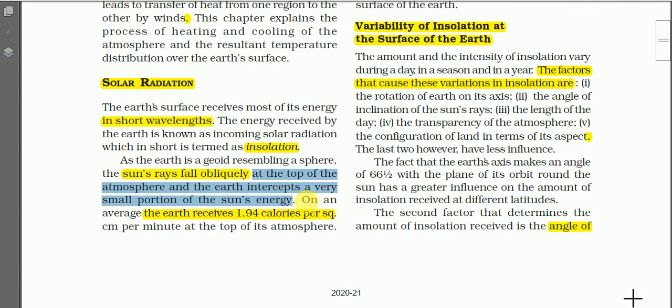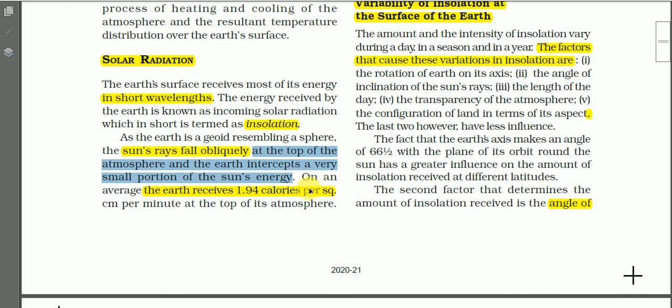And that is why the Earth receives a very small portion of the Sun's energy, and on an average the Earth receives 1.94 calories per square centimeter per minute at the top of the atmosphere.